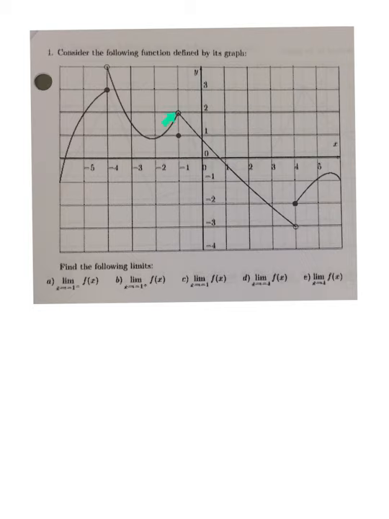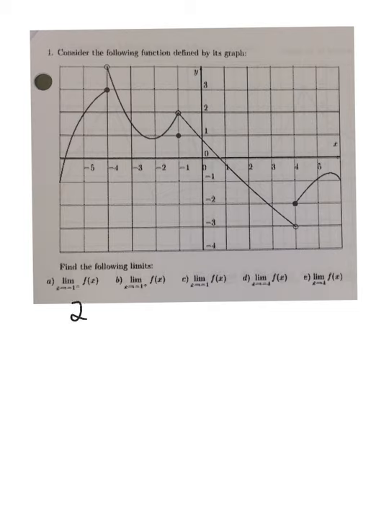The graph from the left-hand side would be this kind of parabola-ish looking thing, right? Okay, so let's see what happens. As we work our way, look at what happens as we get closer to -1. Do you see we approach, we don't hit it, but we approach a y value of 2. Okay, so then my answer here would be 2.